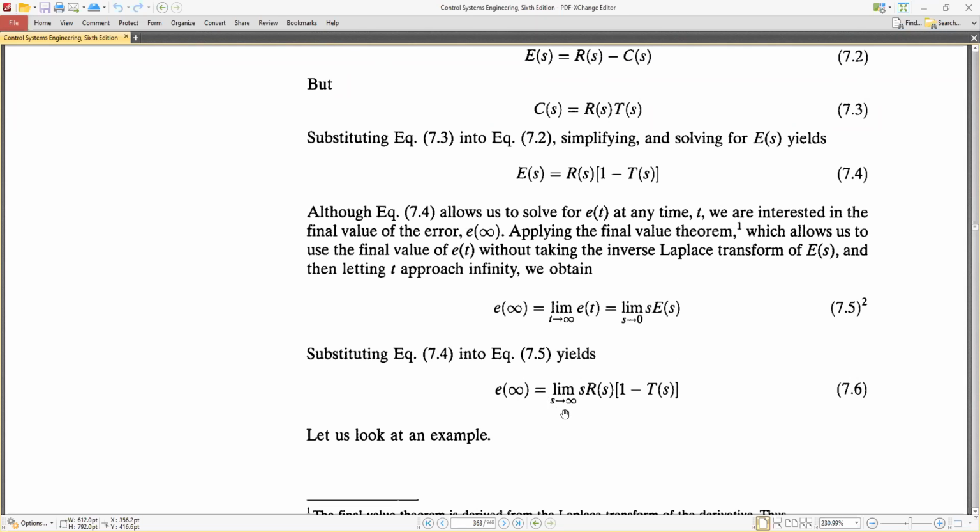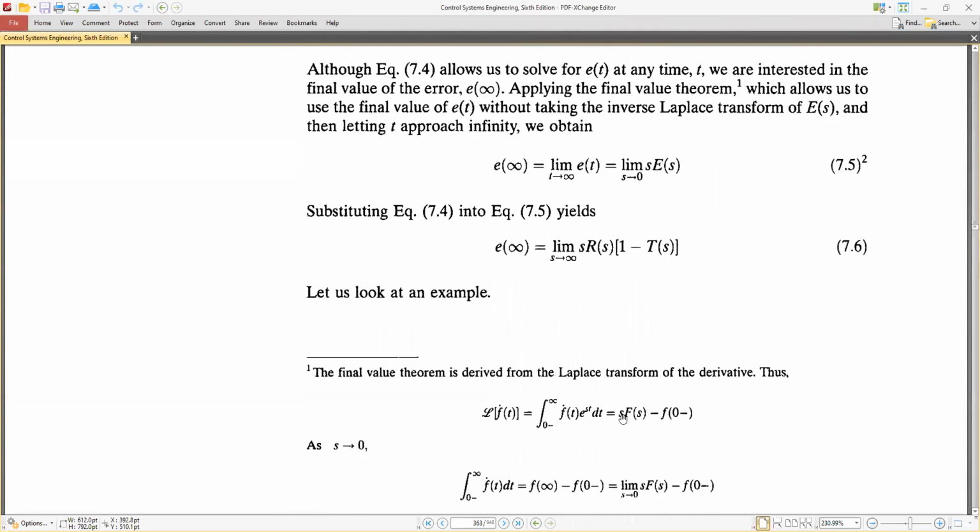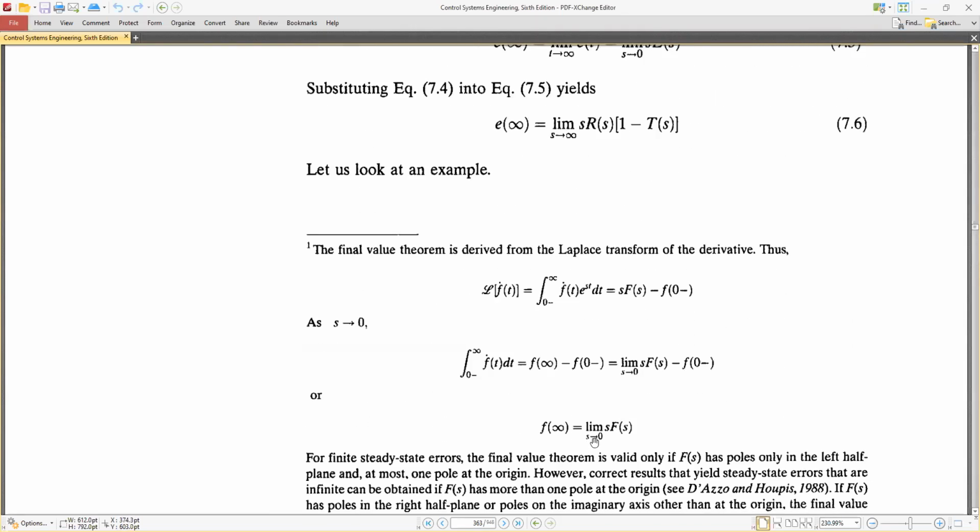After that, just put the value of E(s), which you know is this one. That is the equation in terms of the closed loop transfer function to find out the error. That is the final value theorem, which is derived from the Laplace transform of the derivative.